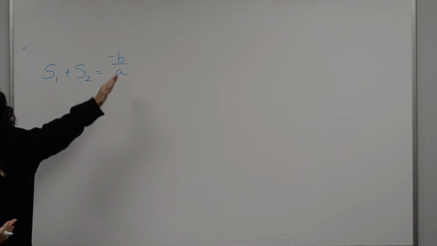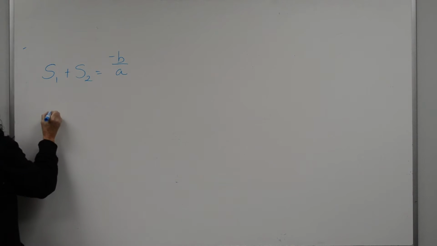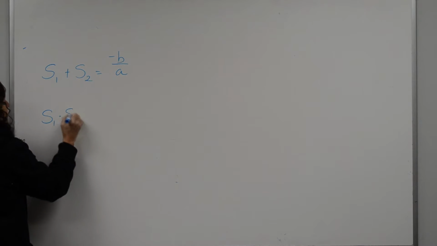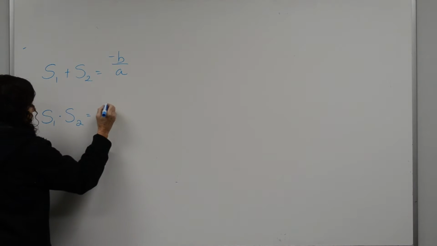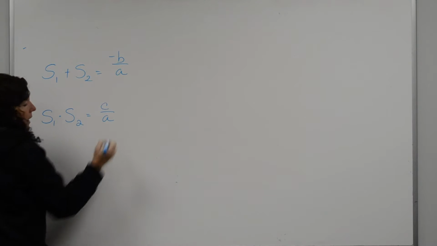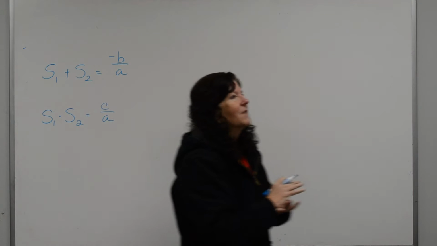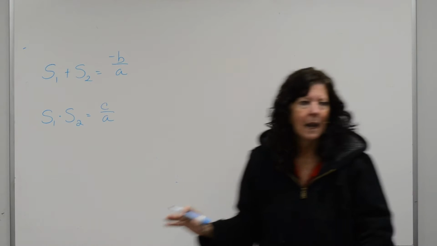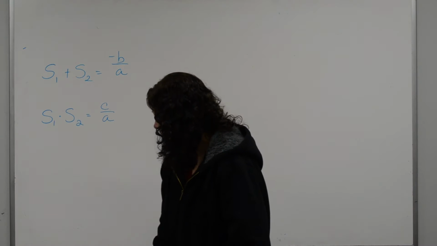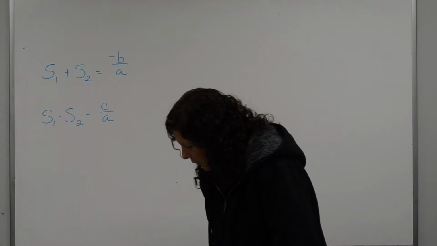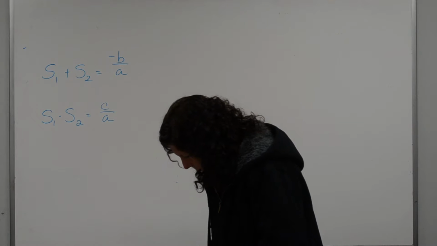Solution 1 plus solution 2 is going to give me negative b over a. Solution 1 times solution 2 is going to give me c over a. That's the key behind the whole thing. So you need to make sure you've got those two formulas down.